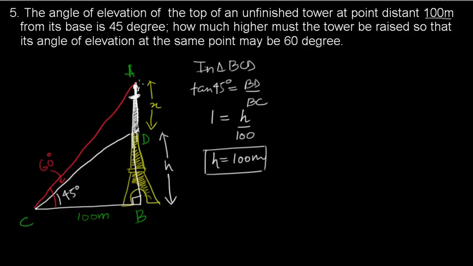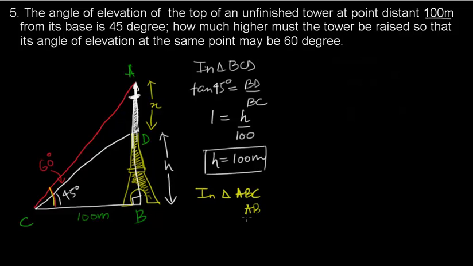Now the next triangle is ABC. In triangle ABC, AB upon BC, the angle is 60 degrees. So AB is the opposite and BC is the adjacent.